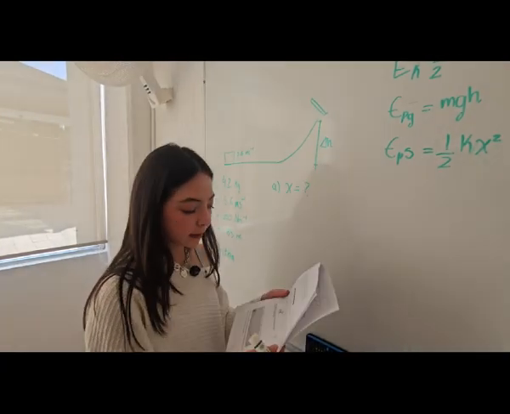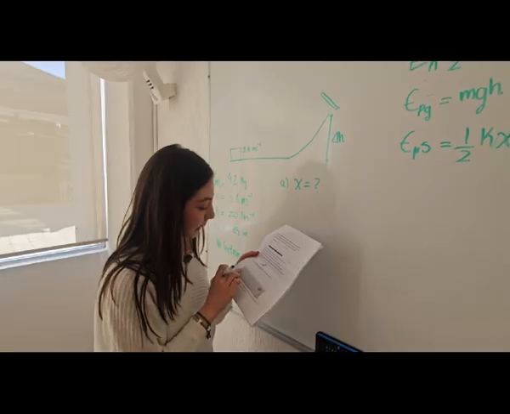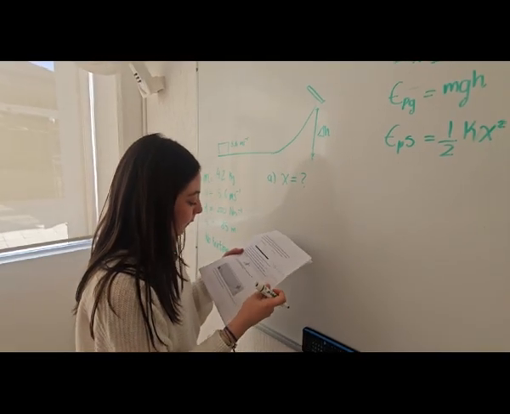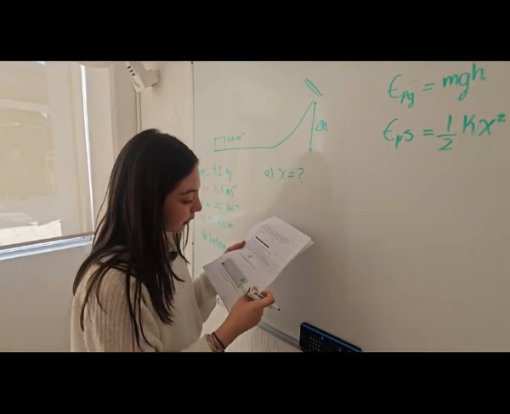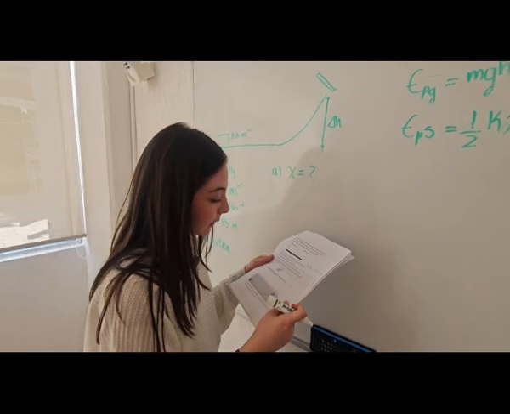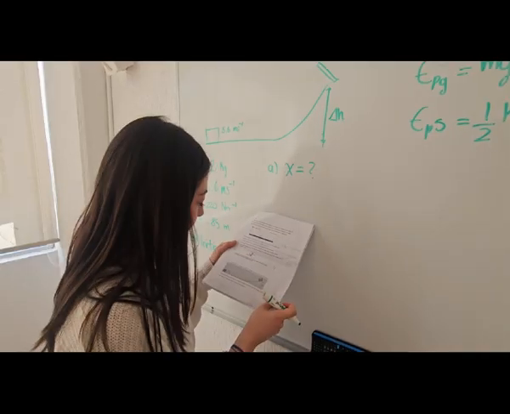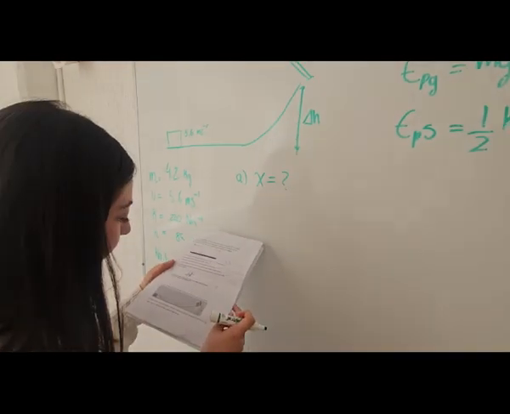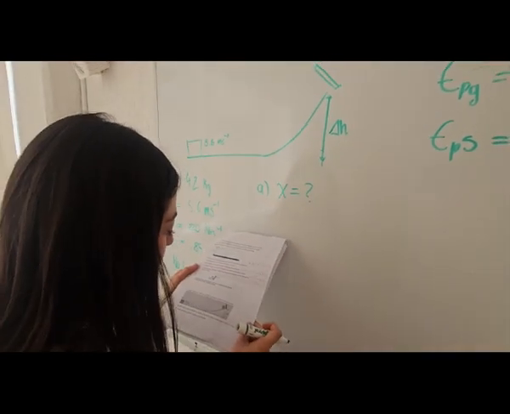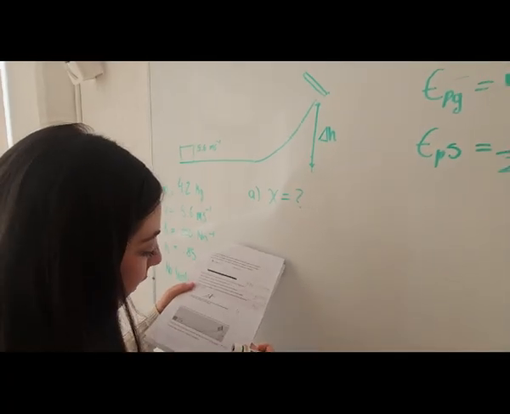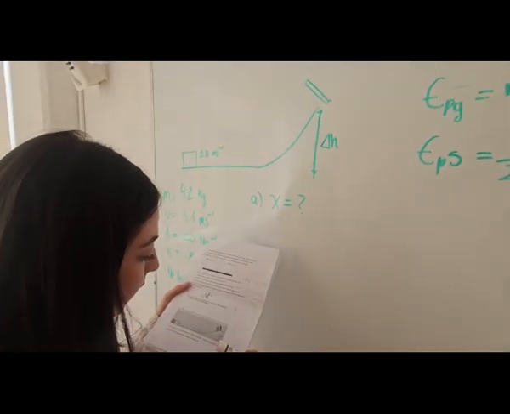So exercise 3 says a body of mass 4.2 kilograms with initial speed of 5.6 begins to move up an incline as shown. The body will be momentarily brought to rest after colliding with a spring constant of 2020.